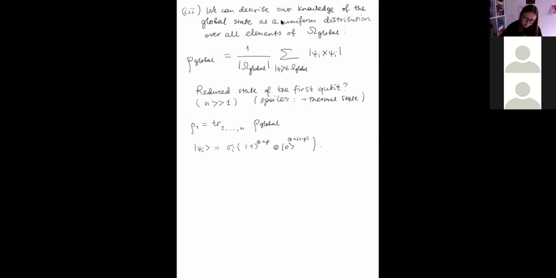Okay, so the idea here is to separate the set of states of psi I into the states which start with the state 0 on system 1, tensor product something on all the other systems, and the states in the set which start with 1 on system 1, and then there is something on all the other systems.